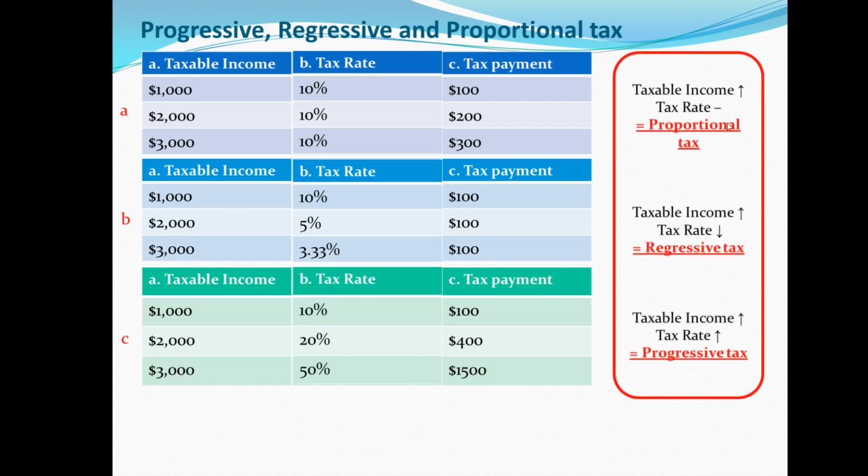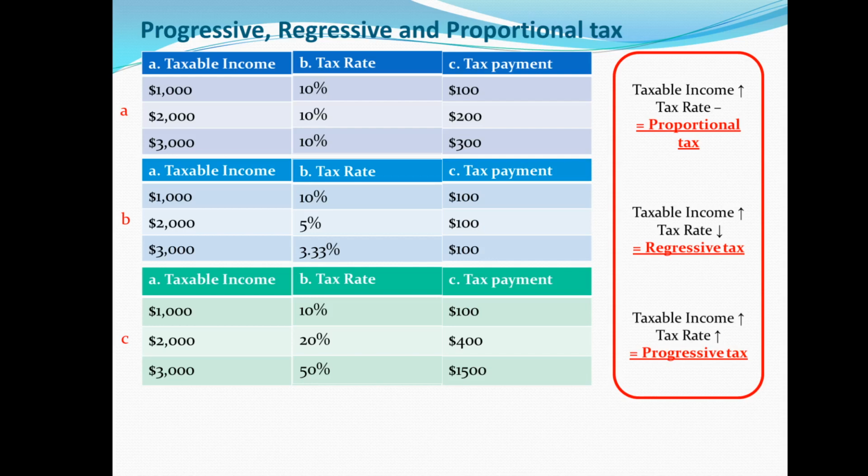Once again, it's all about when the taxable income is increasing, what will happen to the tax rate? Make sure you get that correctly. Do not make the same old mistake that you made before. Some people always like to write when taxable income is increasing, we will pay more tax.